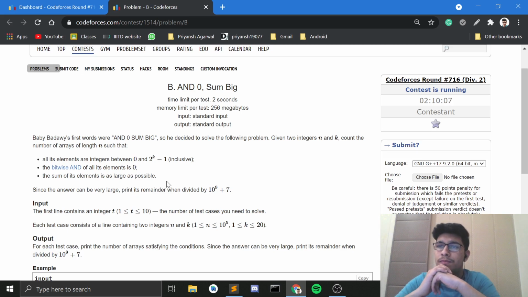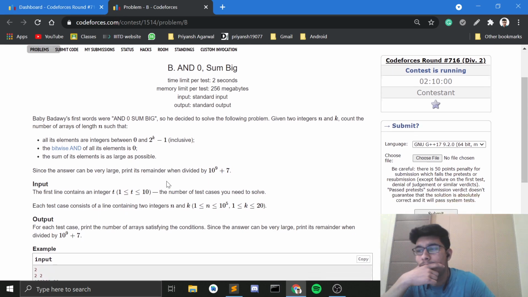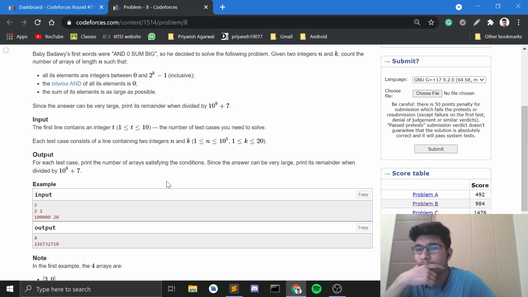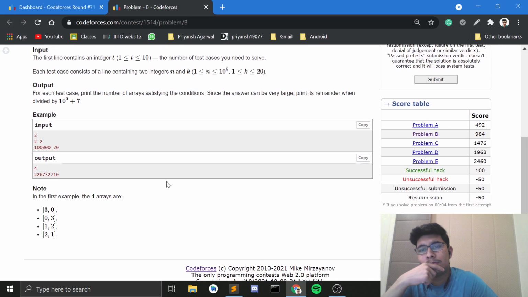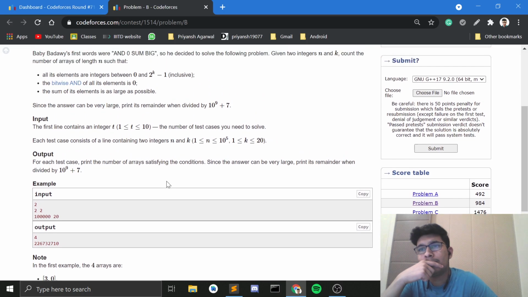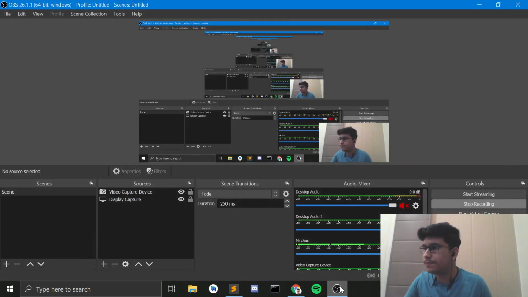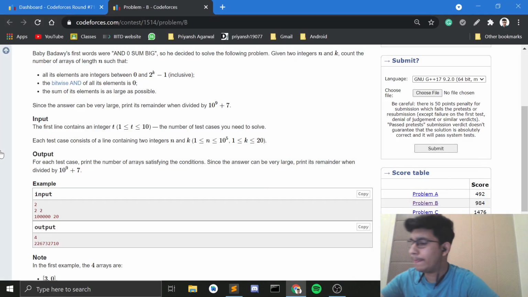Okay, so there should be at least one of the bits that is not set in all of these numbers. Number of arrays of length n. Okay, so the array's length should be n, and the sum should be greatest.